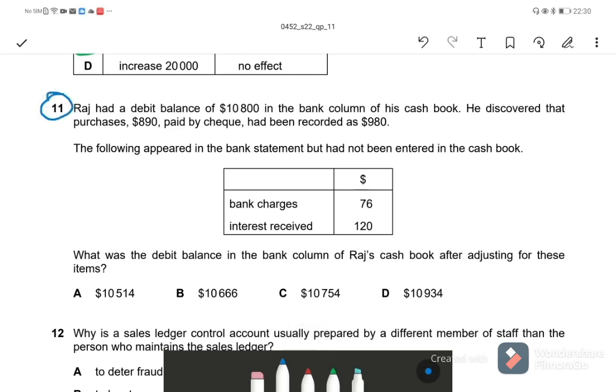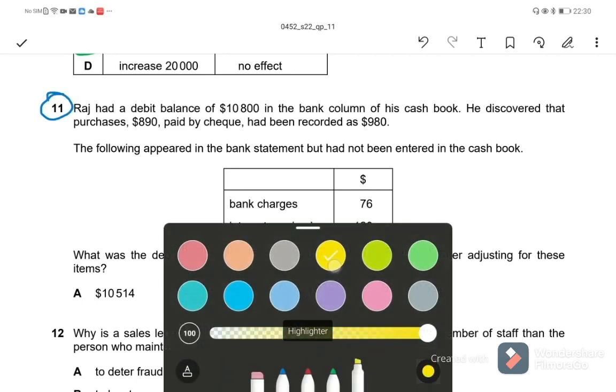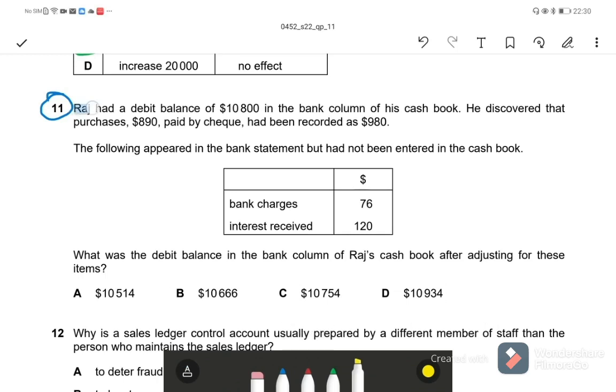Question number 11. Raj had a debit balance of 10,800 in the bank column of his cash book. He discovered that purchases 890 paid by check had been recorded as 980.